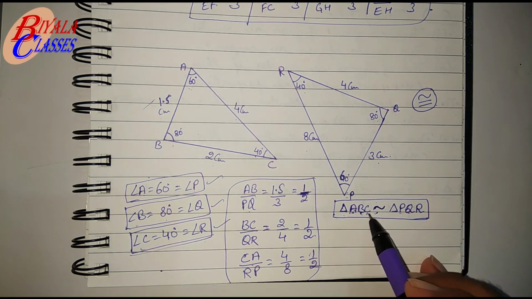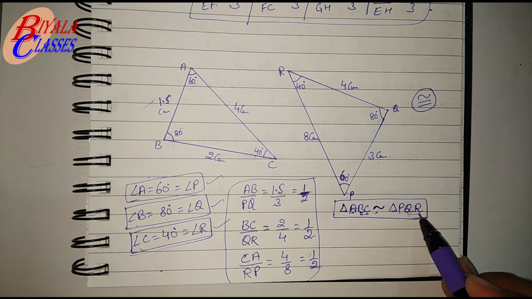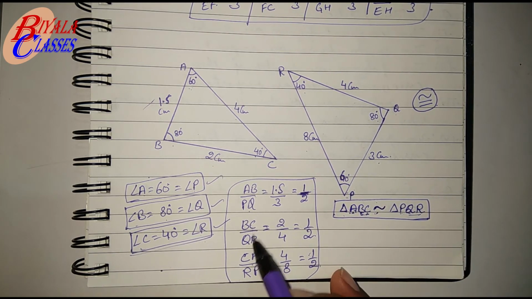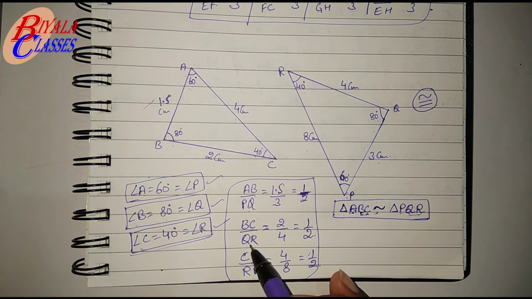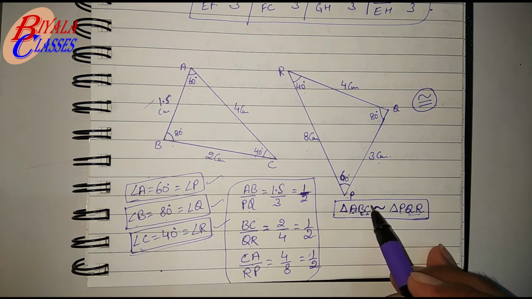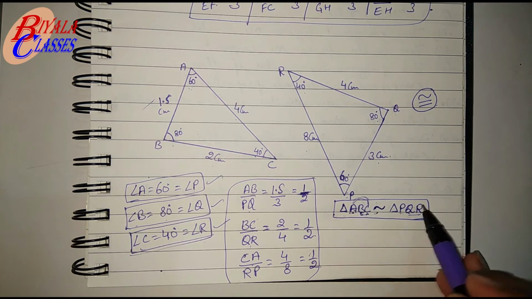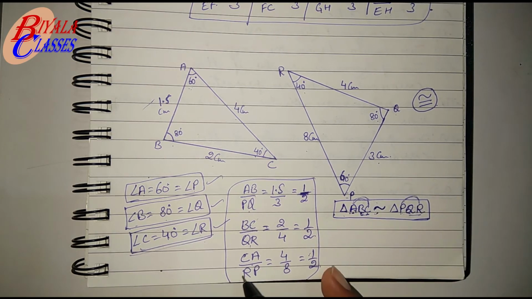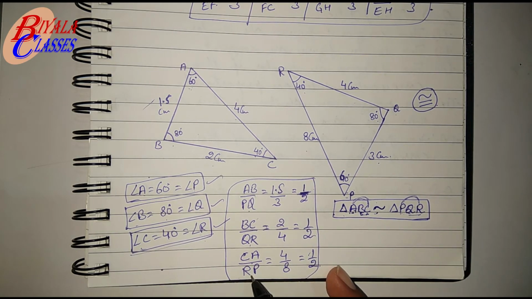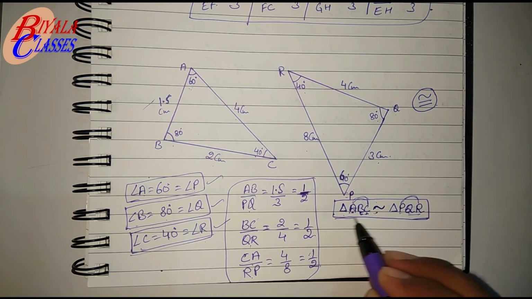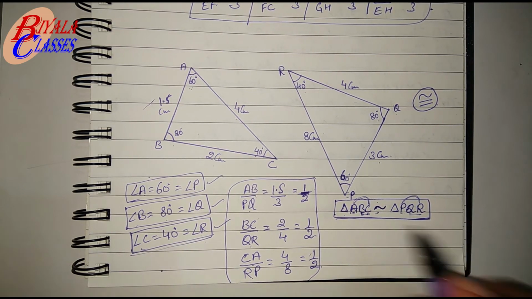The second and third vertices form side BC, and here it is QR, and we have the second ratio of these two sides, BC upon QR. And of course the third, CA and RP, is there here also. So we say that triangle ABC is similar to triangle PQR.